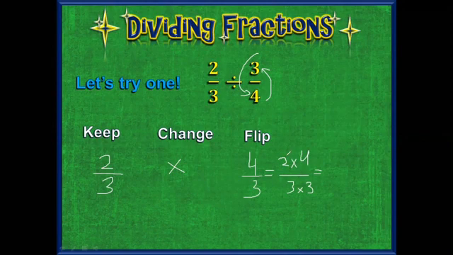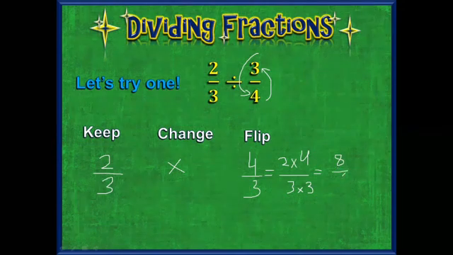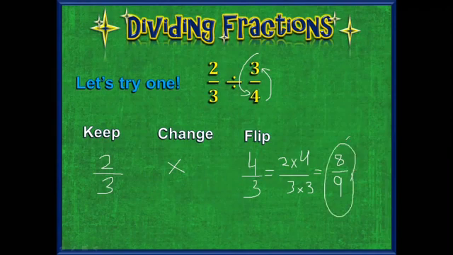But none of the numbers in the numerator share a common divisor with the numbers in the denominator. So I just multiply the numerator by the numerator and denominator by denominator to get 8 out of 9.